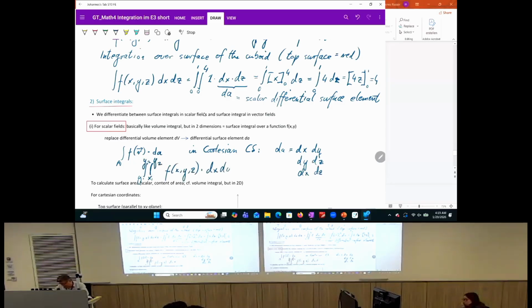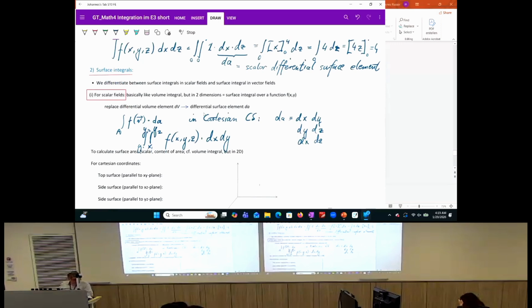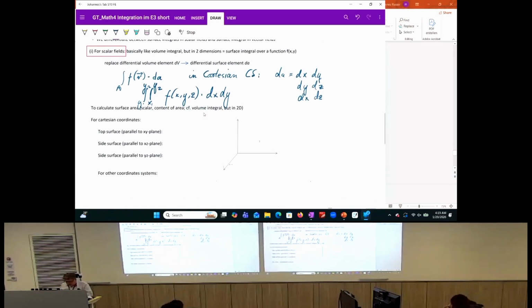So this is just a refresher on how you go about these elements. If you have these surfaces aligned like we had in the case of the cuboid up there, then these are exactly the elements that you get. On the top surface, if you have such a cuboid, it is parallel to the xz plane, right?